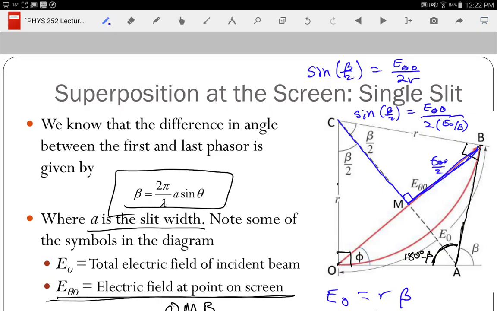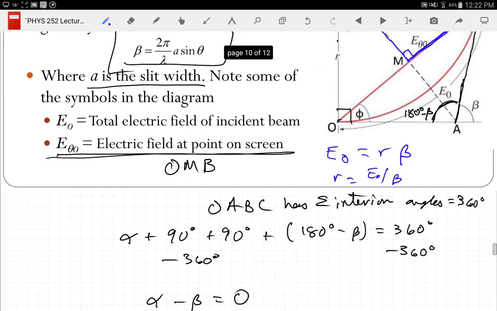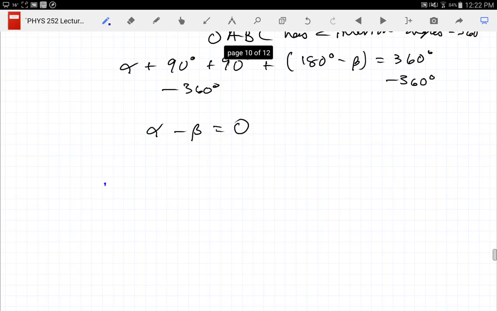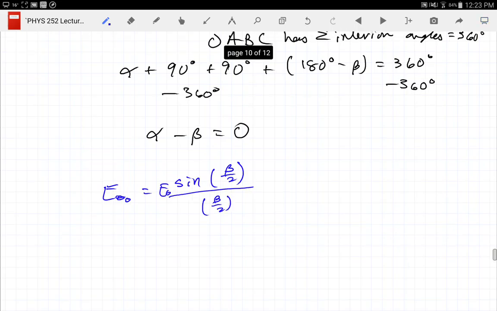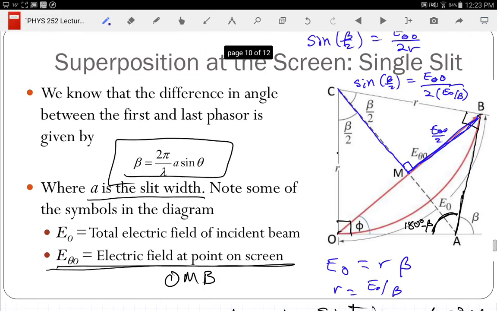Take that and solve for E theta 0. So that means just multiply both sides by 2, E0 divided by beta. Or, as we like to write it, I think that was right.